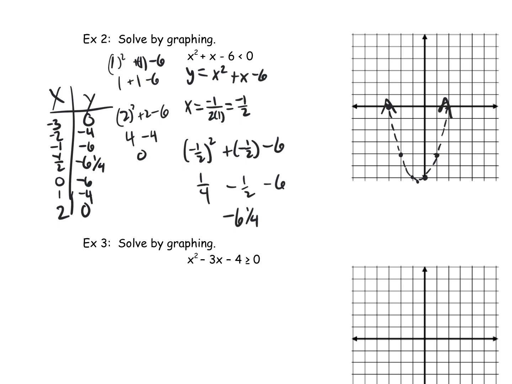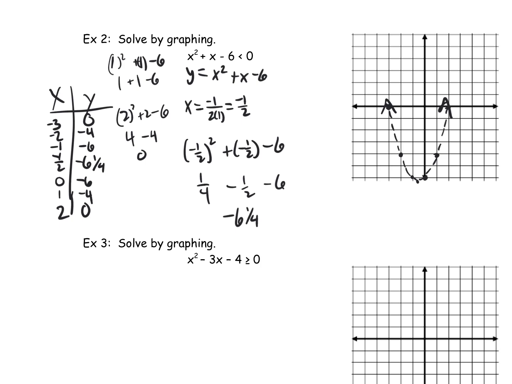The only thing we had to have is our vertex and our x-intercepts. Once we have that, we have enough to figure out the solution. We're looking for values that are less than 0. So this is less than 0 between these two x-intercepts. If you notice, our parabola is below the x-axis between these two x-intercepts.